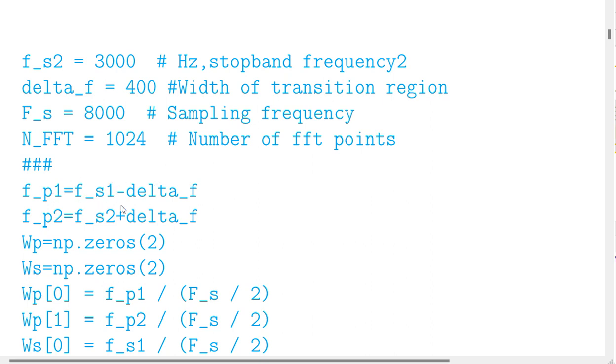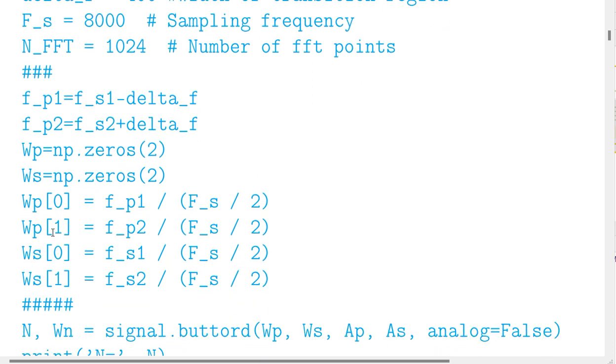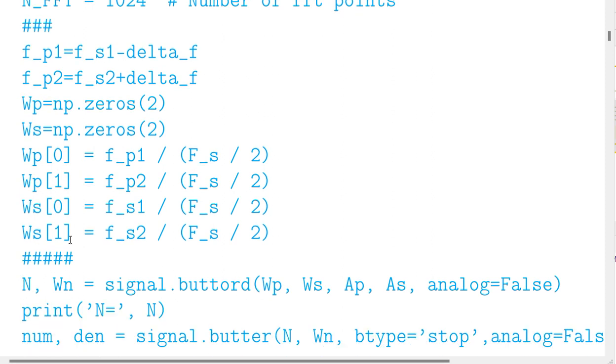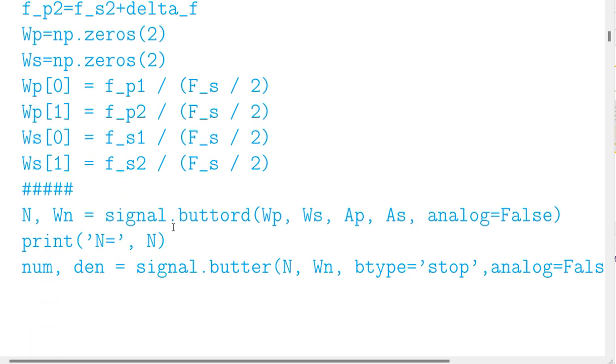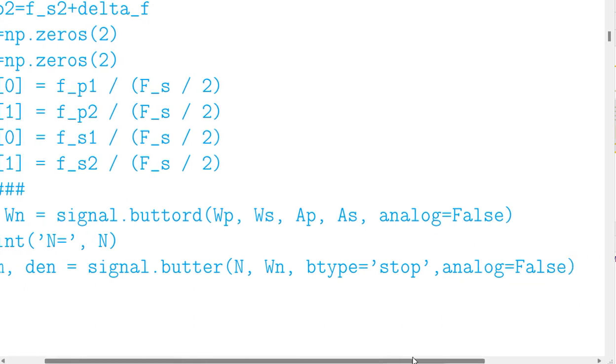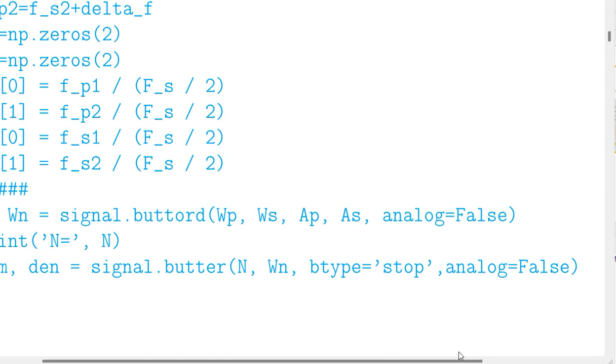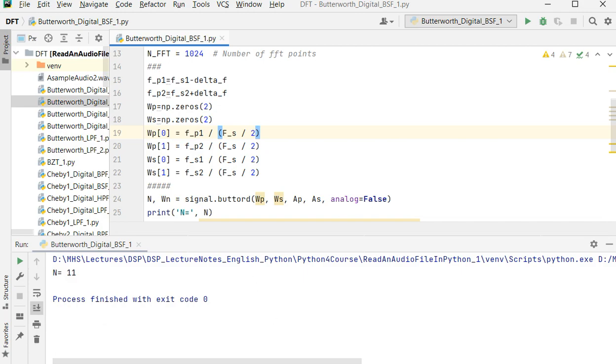FS1 minus delta F will be FP1, and for FP2, FS2 plus delta F, and WP and WS similarly but ordered, but num and denom will be signal.butter with N, WN, okay, B type stop. So you have got familiar with the four types of design of type Butterworth, okay?